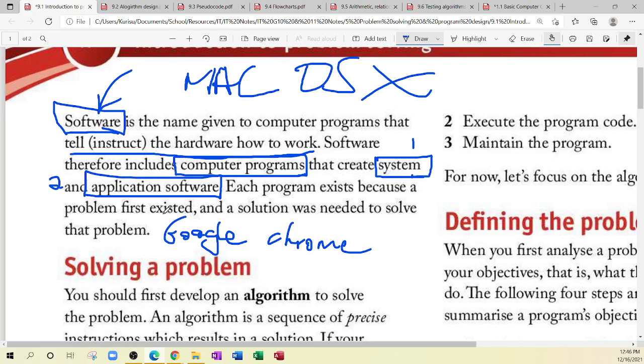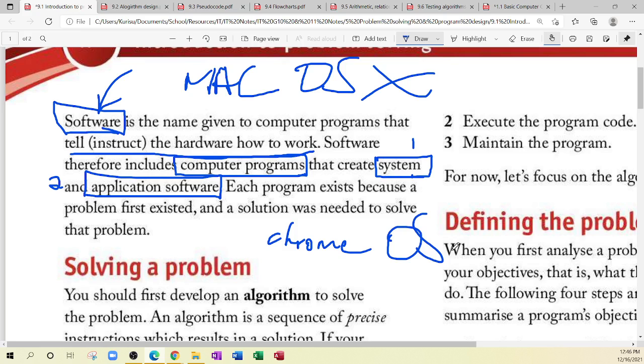I was just explaining that when you're given names, you need to ensure you give the full name. But I didn't mean that Google Chrome is an operating system. Google Chrome is going to be the application software, and Chrome OS is going to be the operating system.